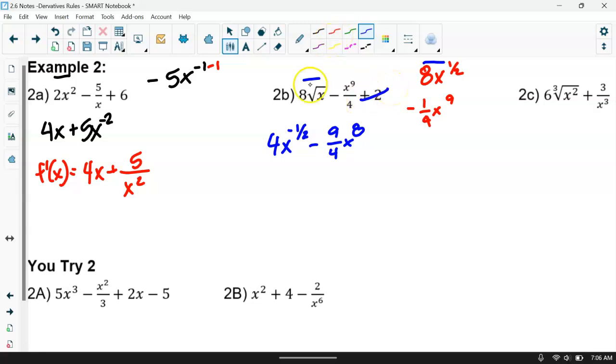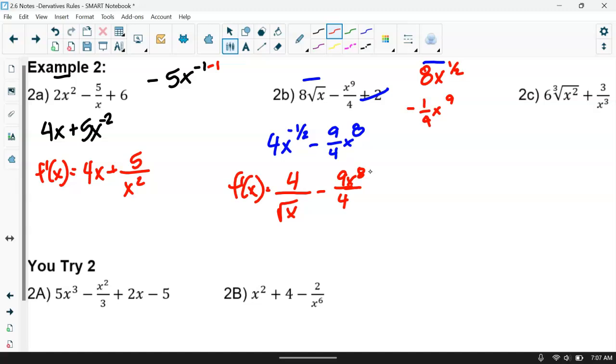So here to rewrite, our derivative of our function is 4 over radical x, so x to the 1/2, and minus, we can leave it as 9/4 or 9x to the 8th over 4.